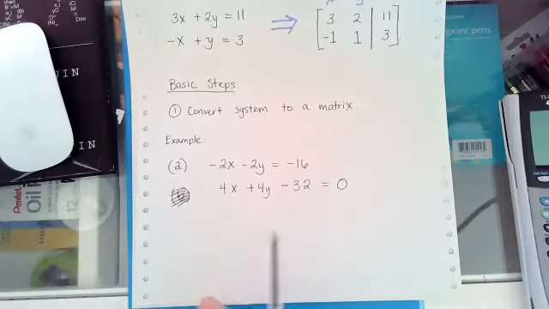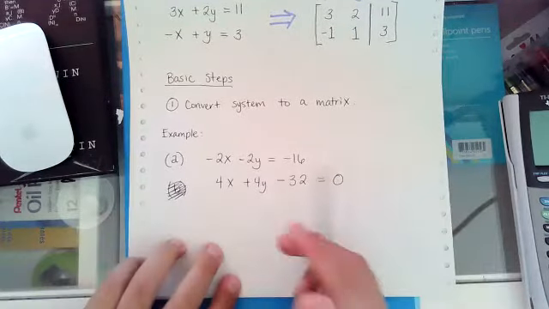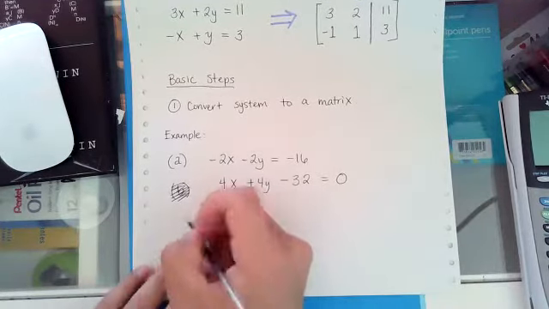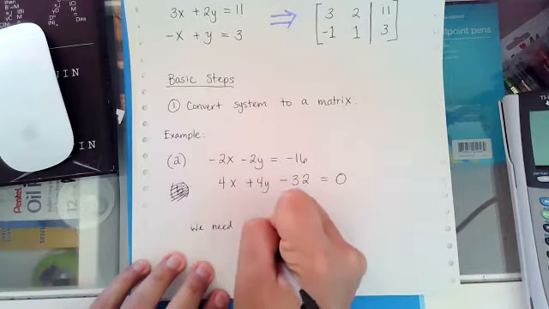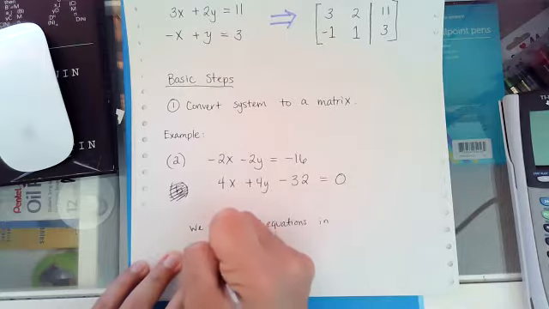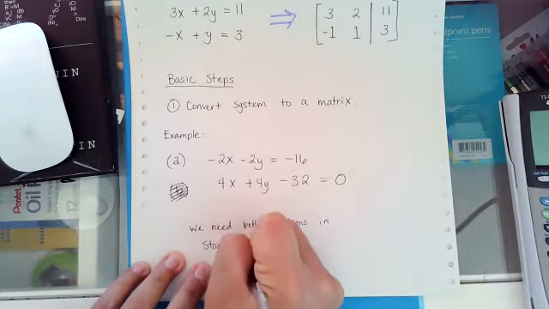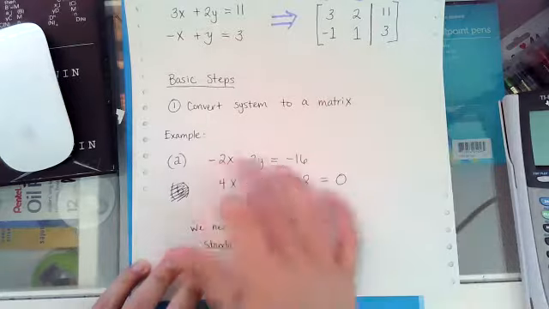So I knew that that wasn't going to take very long for some of you guys. All you have to do is remember that we need both equations in standard form. And then it's just as simple as taking the numbers right out of the equation.